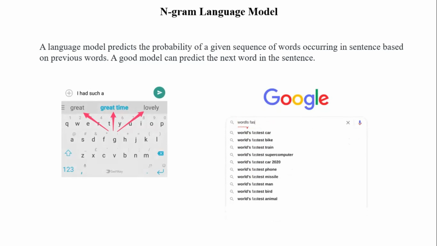First you enter a word, then you get various suggestions or words which can fill the next part of the sentence. That also happens because of the language model. Here the language model runs in the background or back end. When it takes an input, it will suggest you these words.